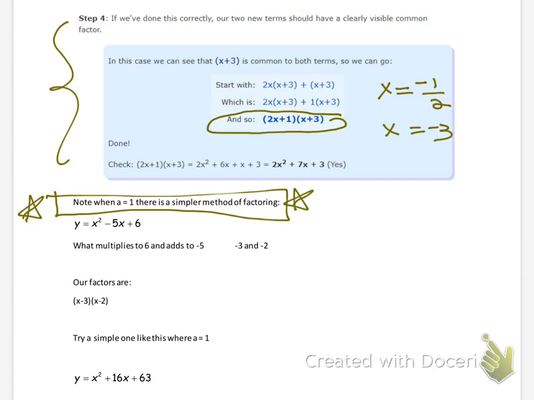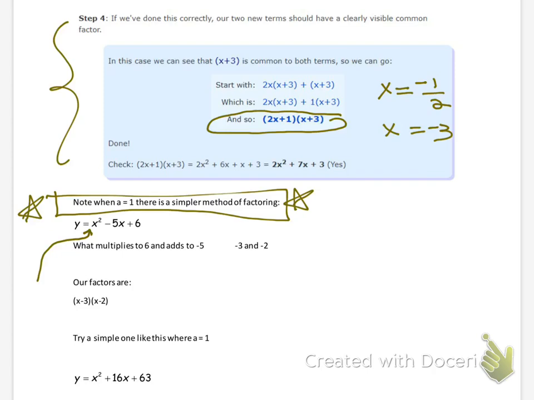Okay, because not every quadratic is going to be able to be factorable, but if it is, this method of decomposition will always work. The easier method happens when your leading coefficient right here, your a, is a positive 1. When that happens, instead of decomposing, you can go right to your factors.